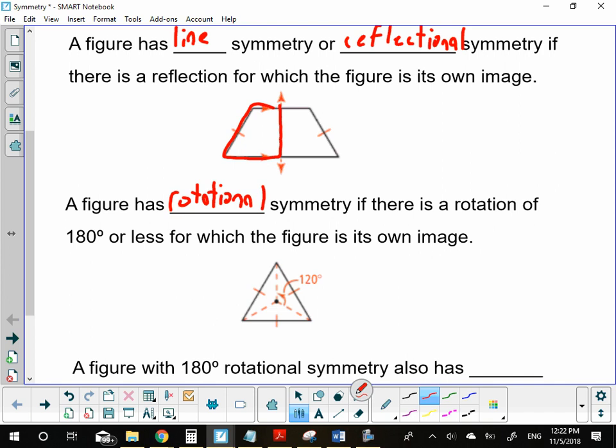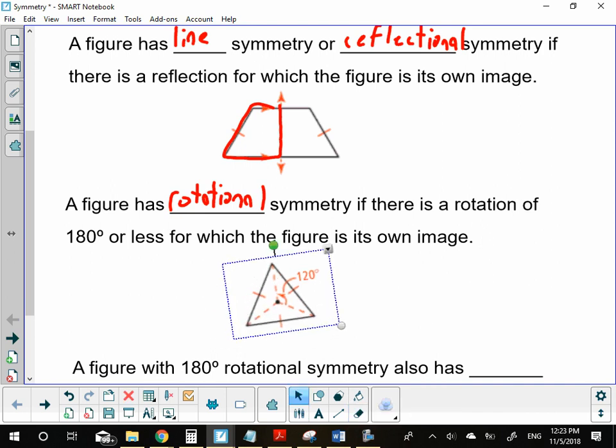We said an equilateral triangle has symmetry. It has line symmetry, which I think is probably what you're going for, drawing a straight line here and mapping the two sides onto each other, and it's perfect. But I can also rotate this triangle around.